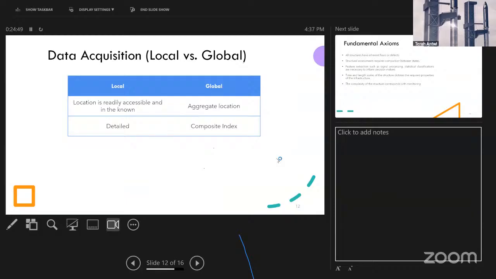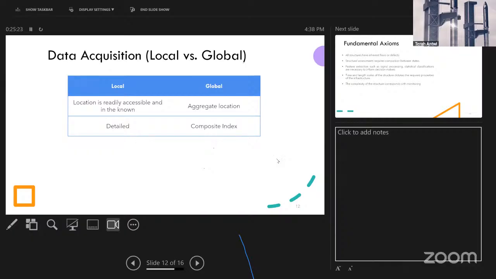The global is more like an aggregate. You use a few key parameters to indicate which structures are doing well or not. So for example, for local, if you are considering a road at project level, you'll be looking out for surrogates, potholes, such detailed problems that have happened on the road. But for global inspection on a road, you would be limited to something like roughness.